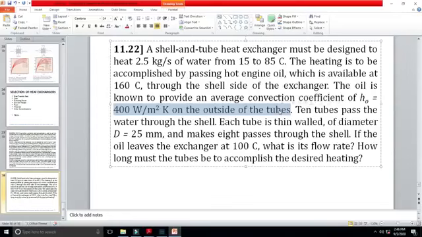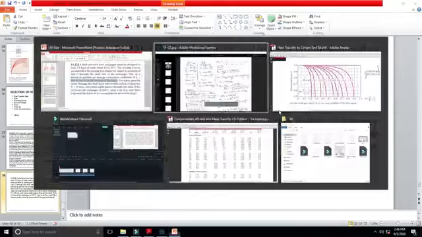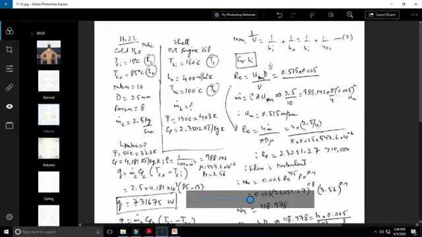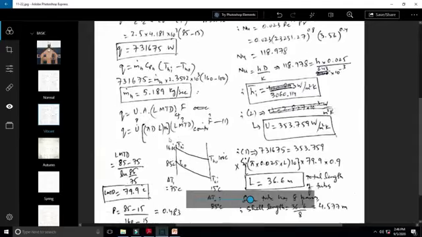So we need to find out the value of Hi, means the value of the convection coefficient between the inner surface of the pipe and the water which is flowing over its inner surface. So now all we need to do is find out the value of Hi, and as soon as we find out Hi, we will be able to find out the overall heat transfer coefficient, and we will put that overall heat transfer coefficient in equation number 1 along with LMTD and correction factor, and we would be able to calculate the length of the tubes.